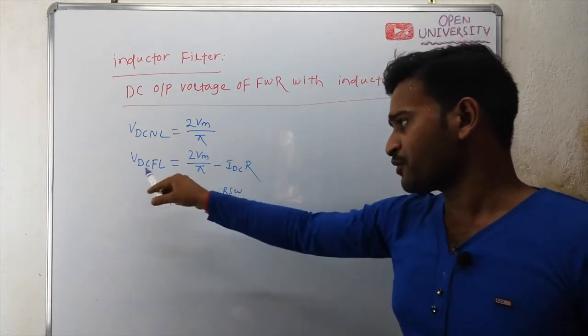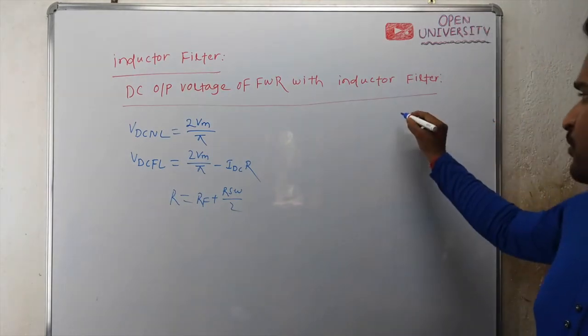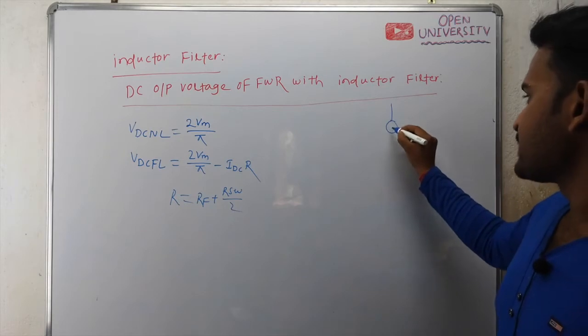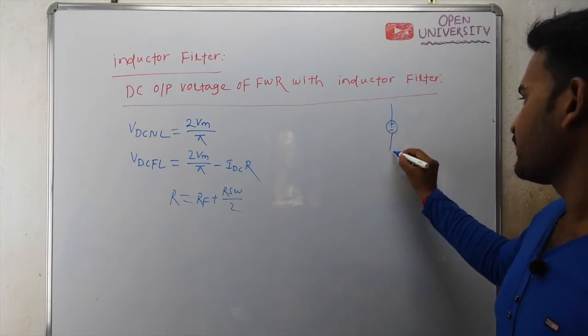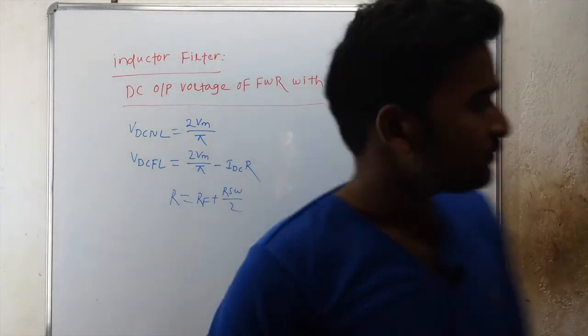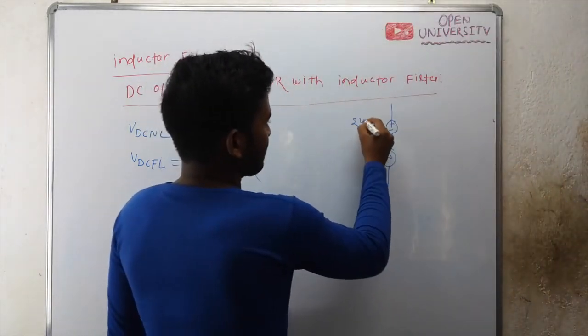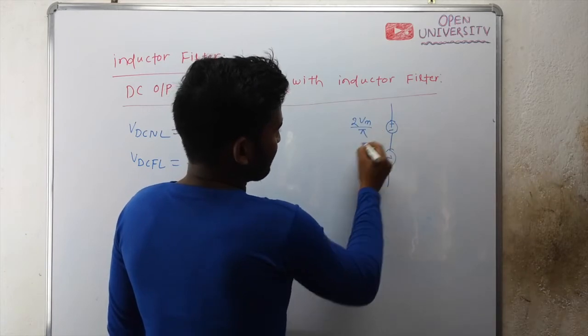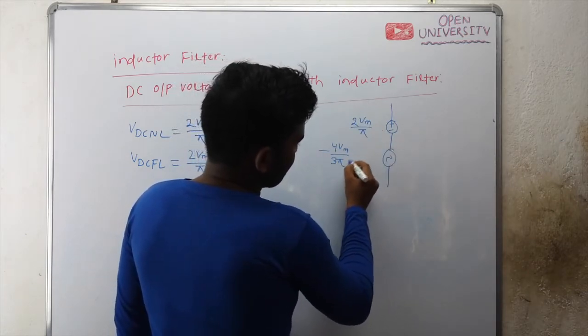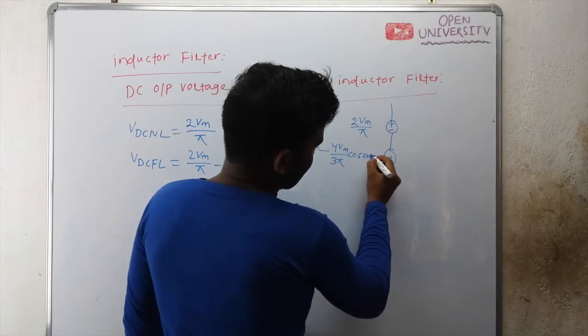This is nothing but your DC output voltage. Now you see the equivalent circuit of your center tap full wave rectifier. It is 2 Vm by pi minus 4 Vm by 3 pi into cos 2 omega naught t.